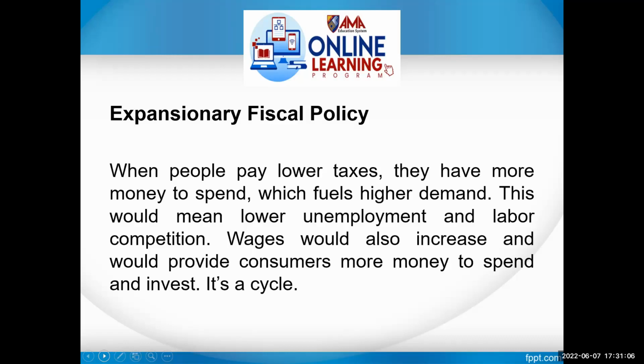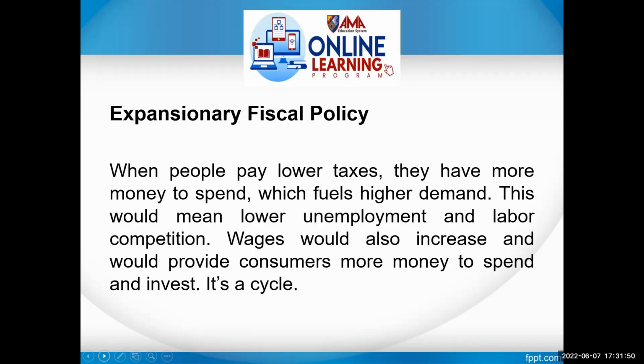You see, the economy is a cycle. So at first, the scenario is a lower tax. When the tax is lower, what is the expectation? More money can be spent by the people, and when there is more money, it means higher demand. When there is higher demand, it would mean a low unemployment rate and labor competition.